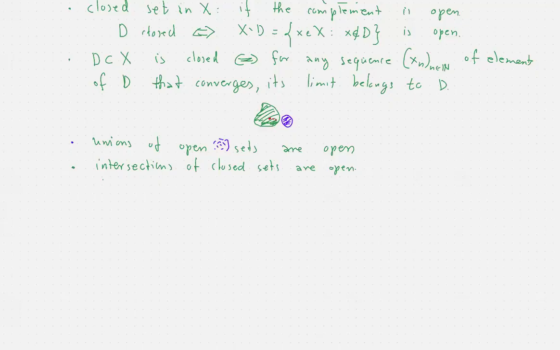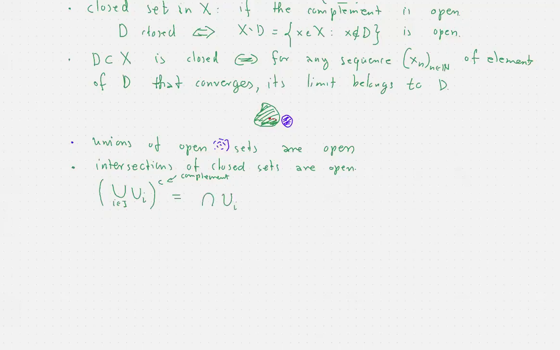So if you take the union of a bunch of open sets, so let me call the open sets U sub i, and then you take its complement, the complement, so this notation means complement, is the intersection of all the complements. So do you see now how this follows?